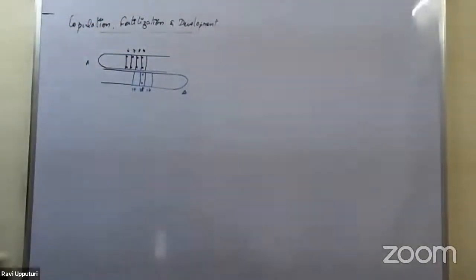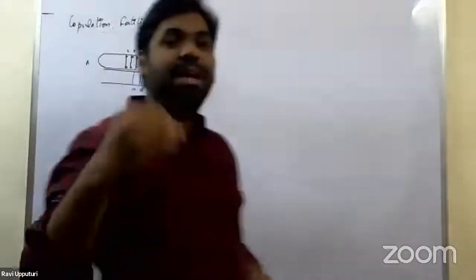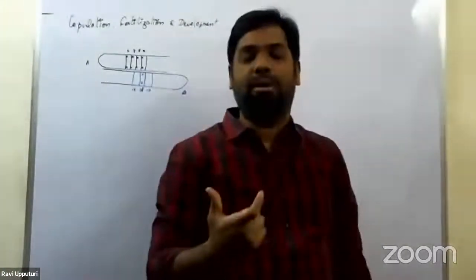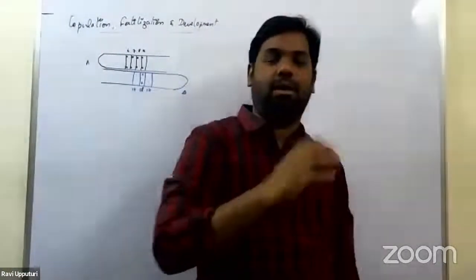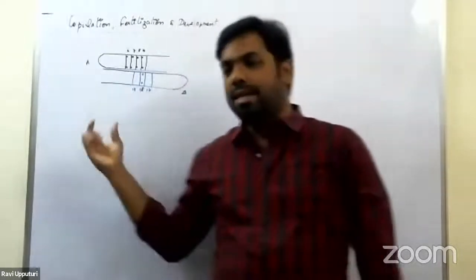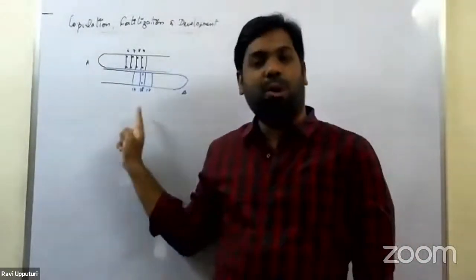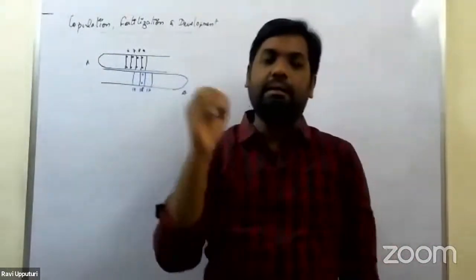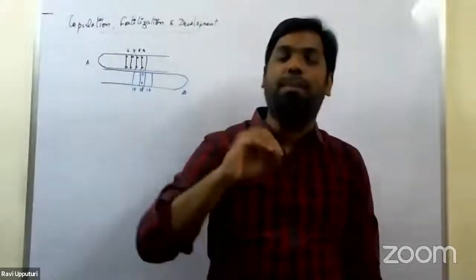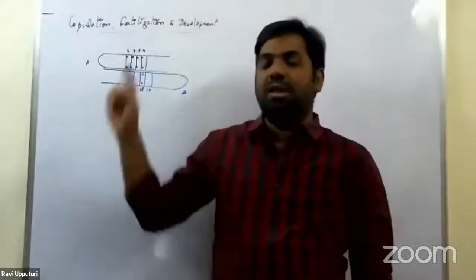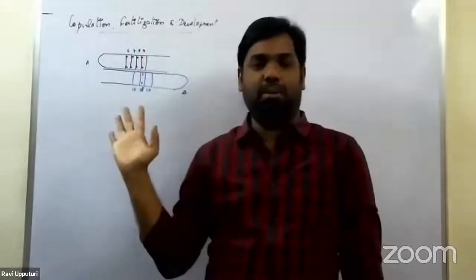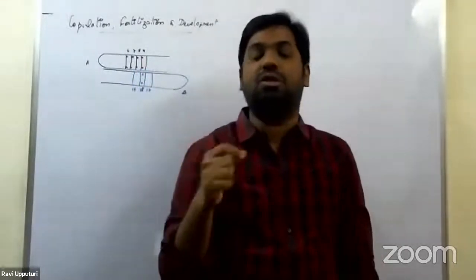So we know that in the 18th segment there are the male genital pores through which the sperms will be released to the outside. Now, as and when the sperms are released from worm B, they should directly enter into the spermatheca of worm A. As a result, they would arrange in this particular position, which we call juxtaposition, right?